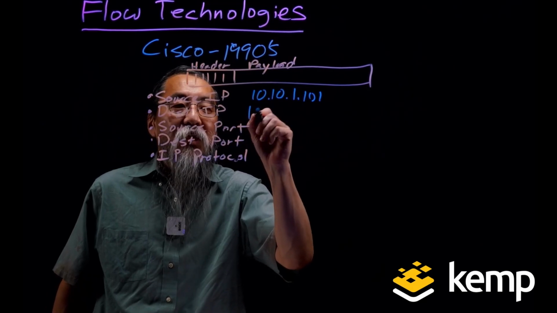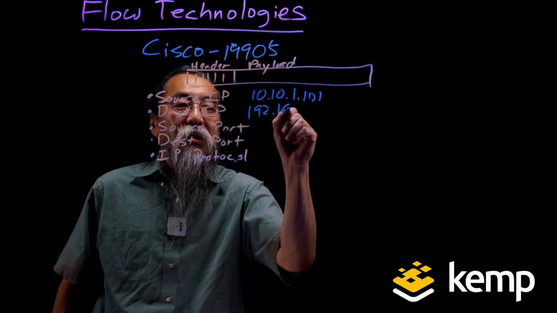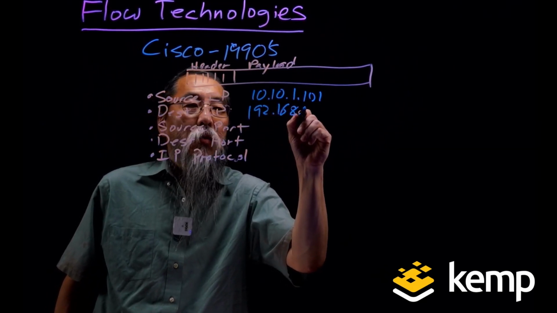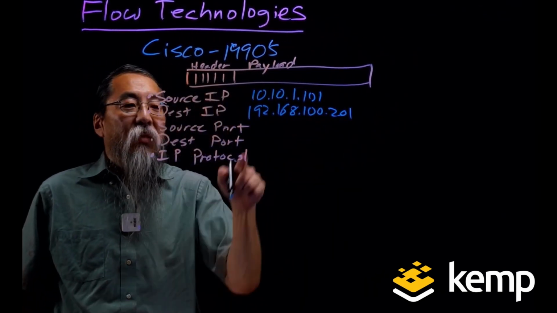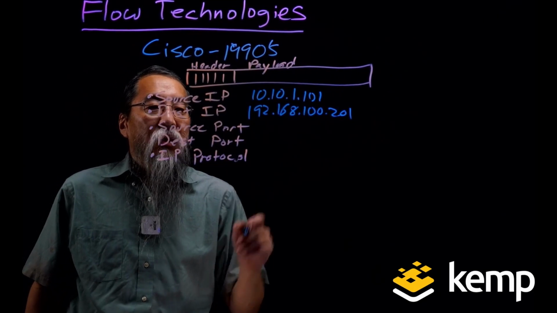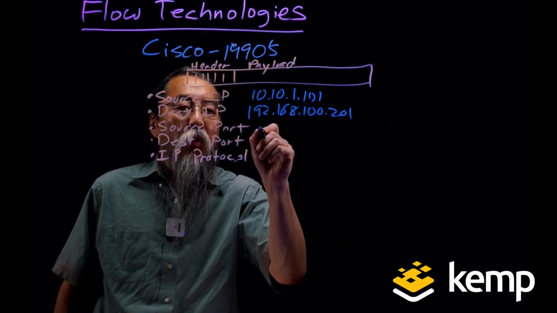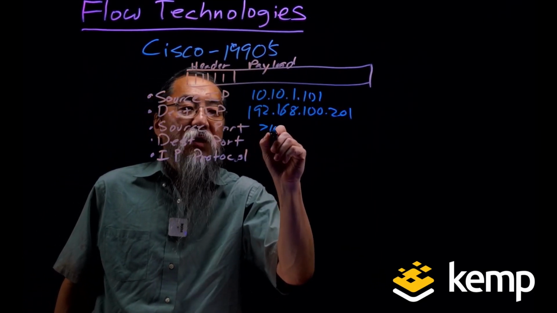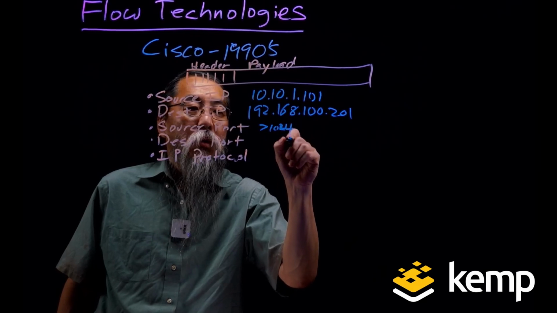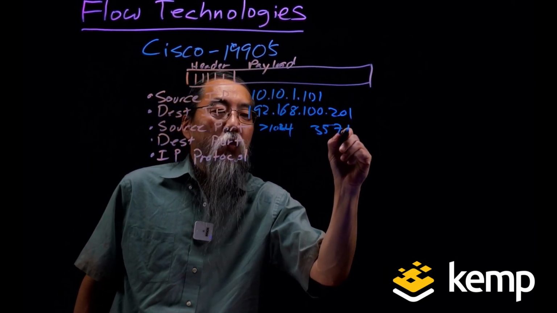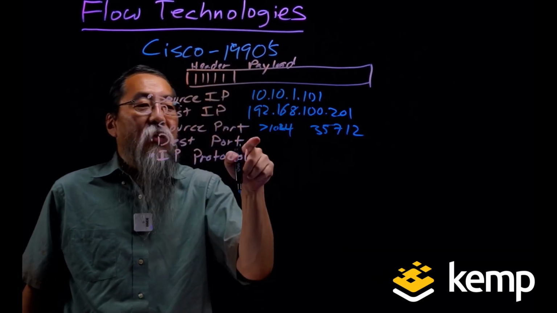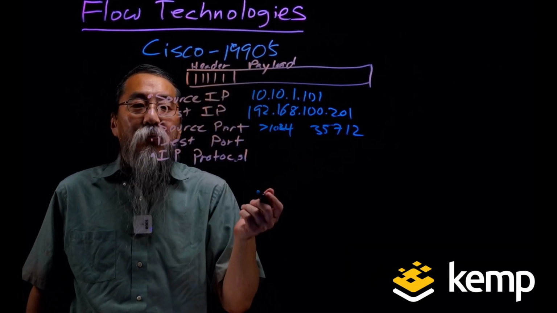And my server might be 192.168.100.201. My source port is going to be usually some sort of high port over 1024. So let's make up a port of 35712. And my destination port is going to be the application port.